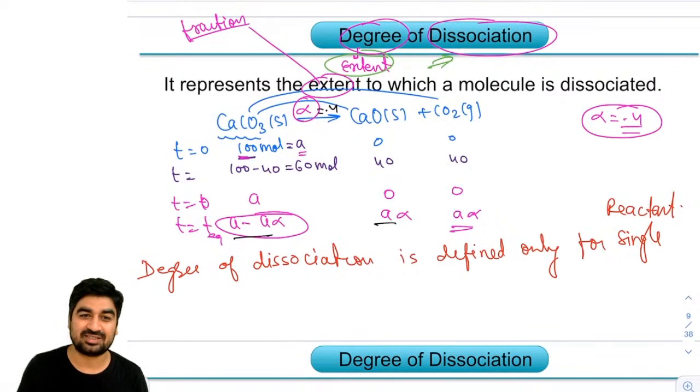If there is more than one reactant, then we will not call it degree of dissociation.